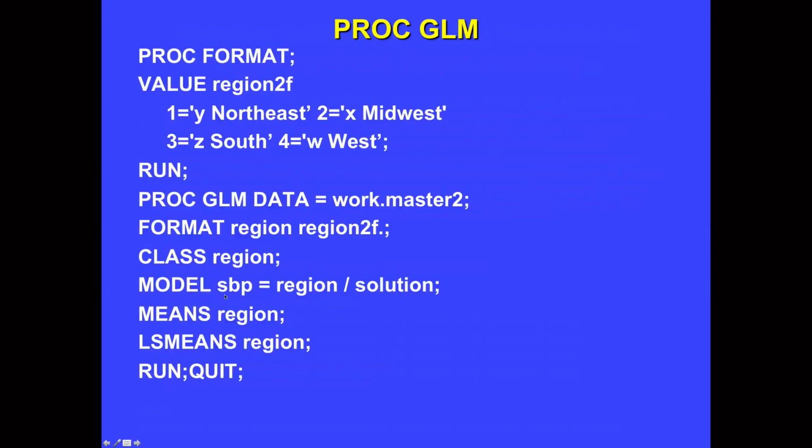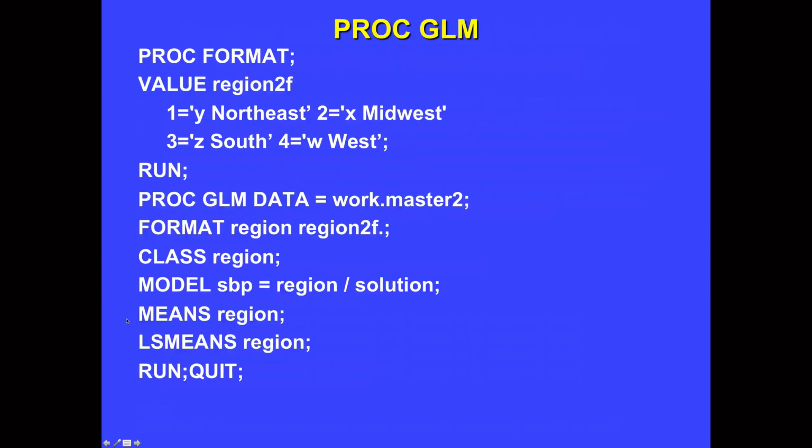You simply have your dependent variable set equal to your independent variable, or variables if we wanted to add more than just region to the model statement. And as an option to the model statement after this slash, I'm using the solution option, which simply tells SAS to print the parameter estimates to the output window.